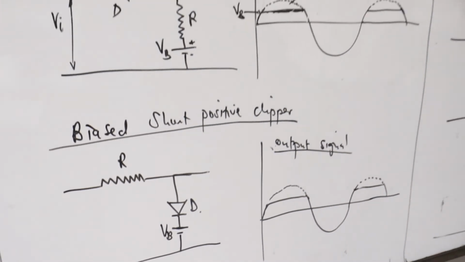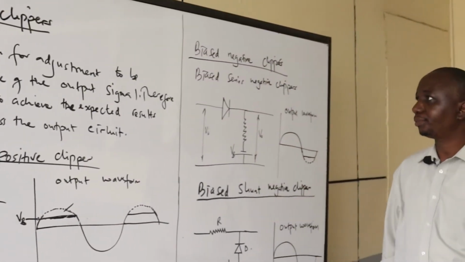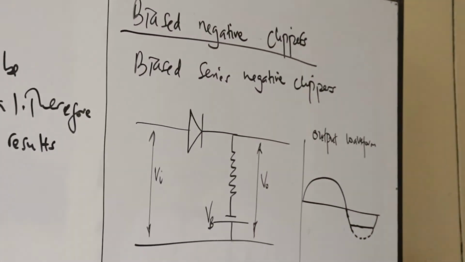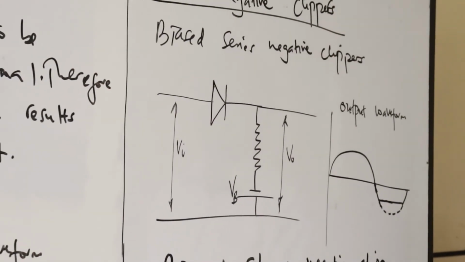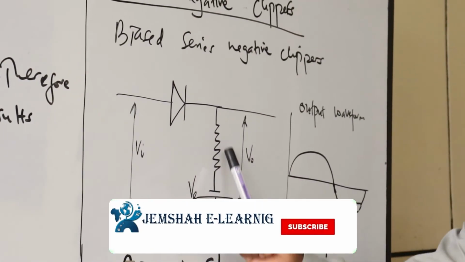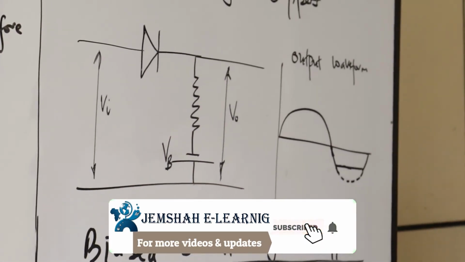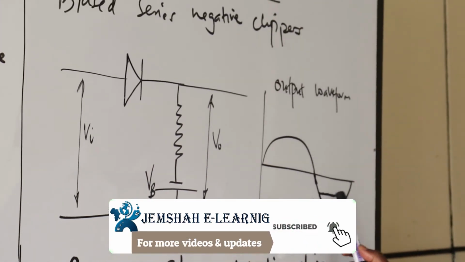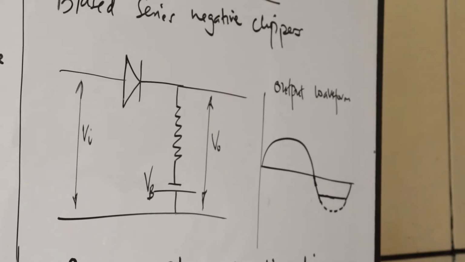This is another biased negative clipper. It also operates on the same principle: during the negative part of it, this is a reverse battery. Because this was biasing the diode, the difference is what appears as the output here, as bias voltage.